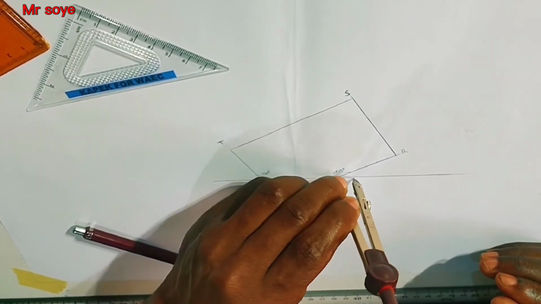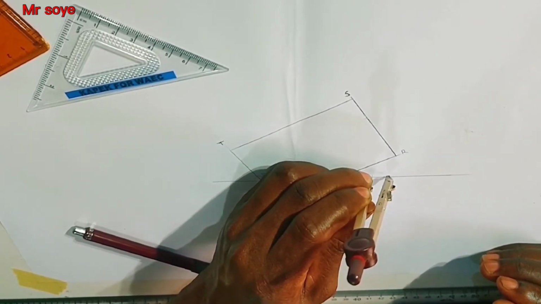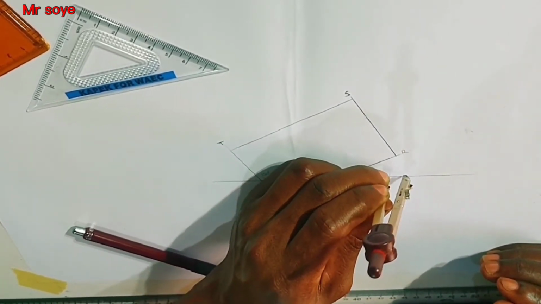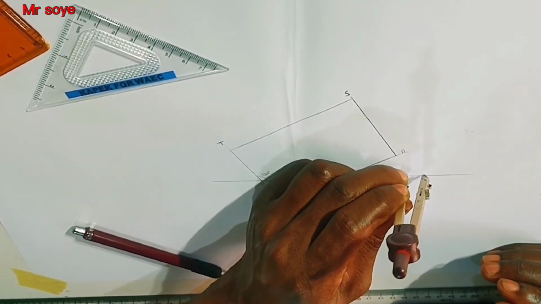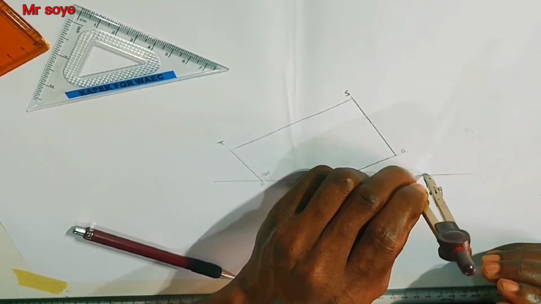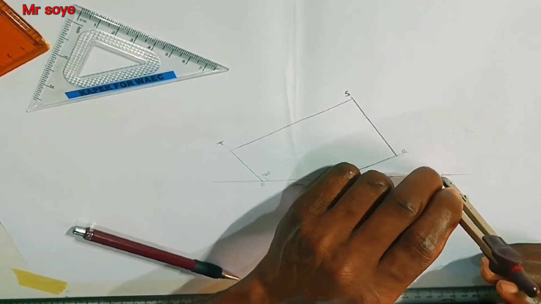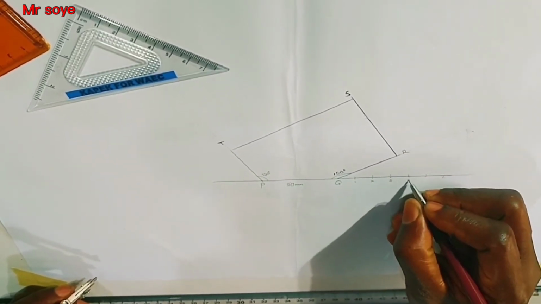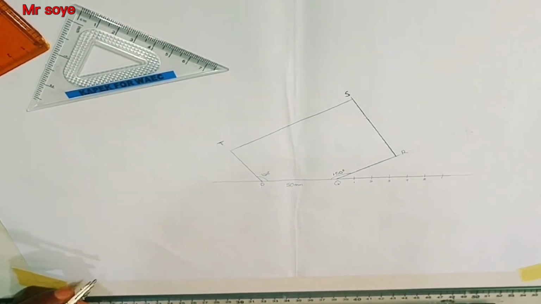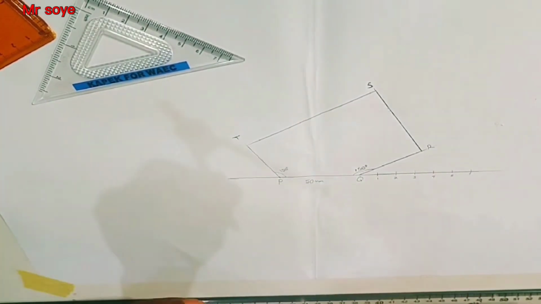So if making Q the center, you cut one, two, three, four, five. Good. So now, having done this, what is next is to bisect P3.